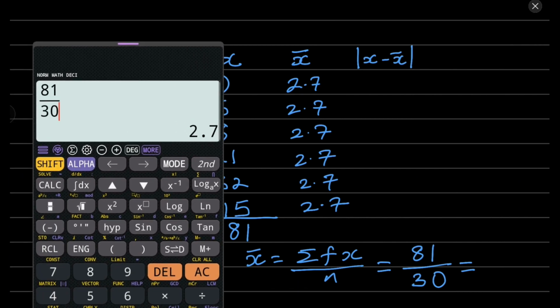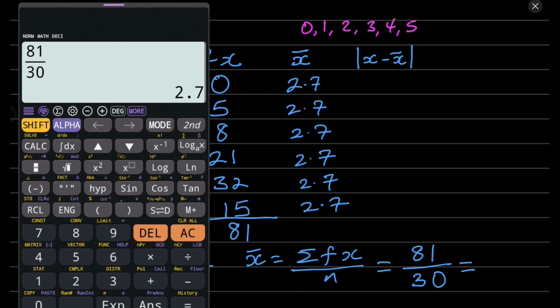So I'll just write the x values here. For the x values, we have 0, 1, 2, 3, 4, 5, because the calculator is going to block the view.